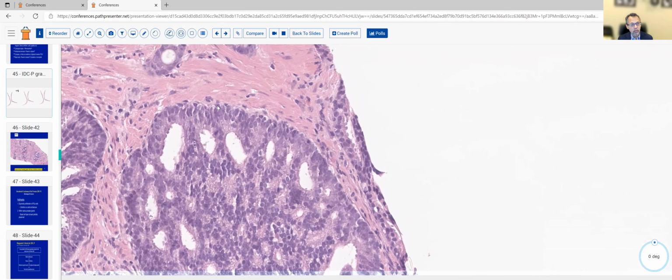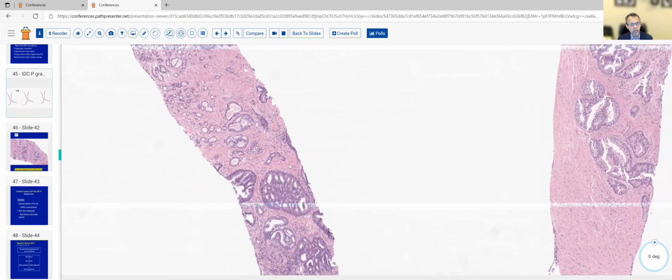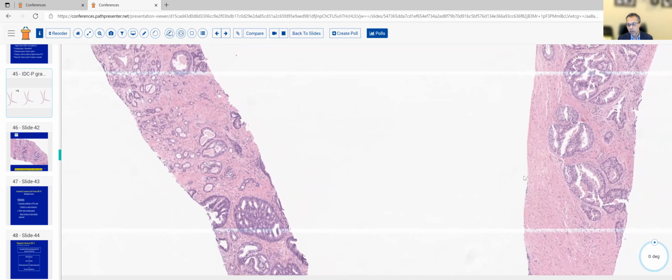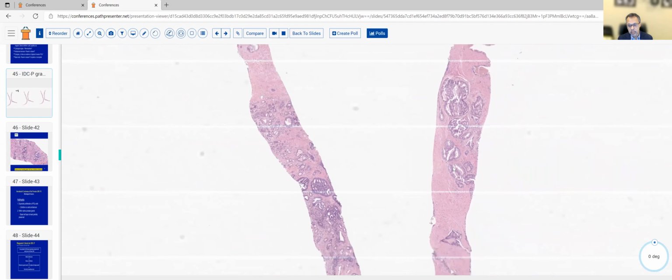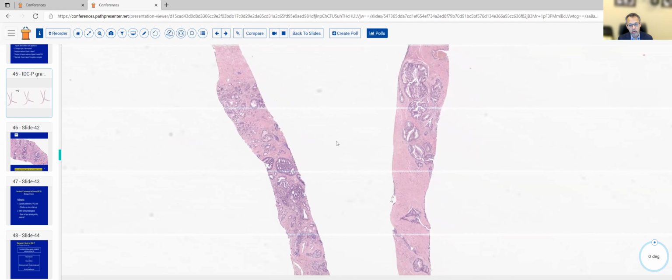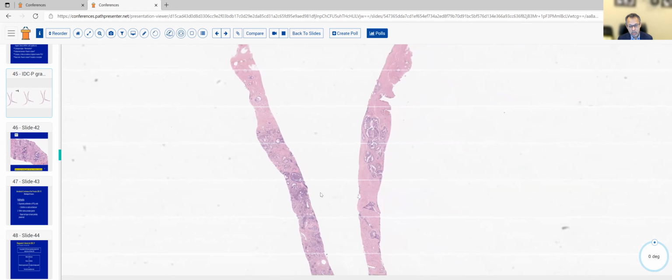And when you look carefully, you can clearly see presence of basal cells as well. So in this type of example, where you have clear evidence of invasive prostate cancer, the presence of this type of glands suggests that you are dealing with a component of intraductal carcinoma. There may be some invasive spectrum as well.